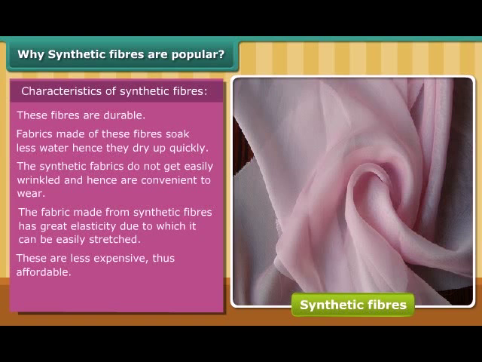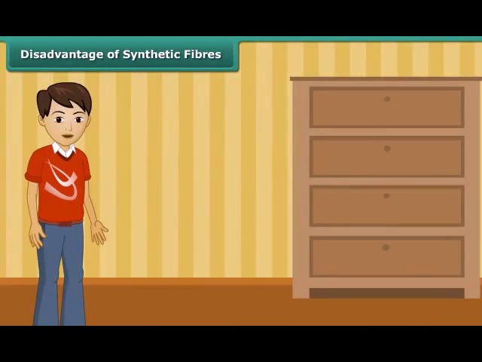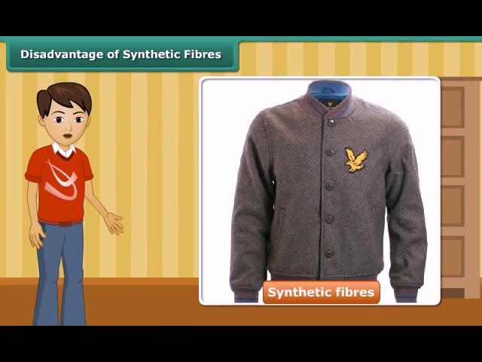These are less expensive, thus affordable. Fabrics made of these fibers are readily available and easy to maintain. Do you know that besides having many advantages, synthetic fibers have a few disadvantages too?